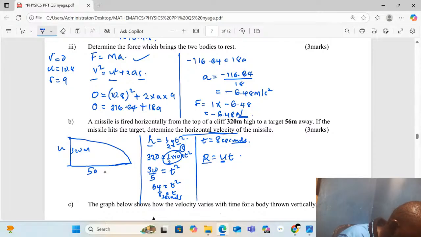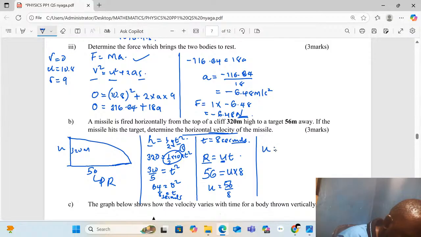So with R, which is 56, you can say 56 is equivalent to u, which we are looking for, times t of 8. So our u becomes 56 divided by 8, and this will lead us to our u being equivalent to 7 meters per second.